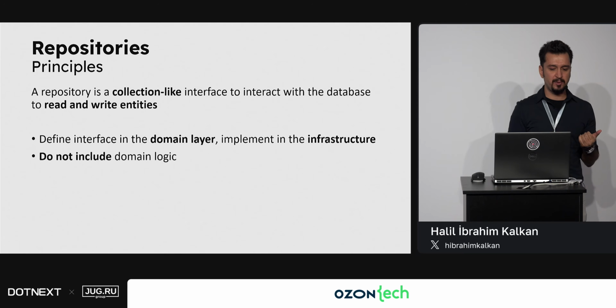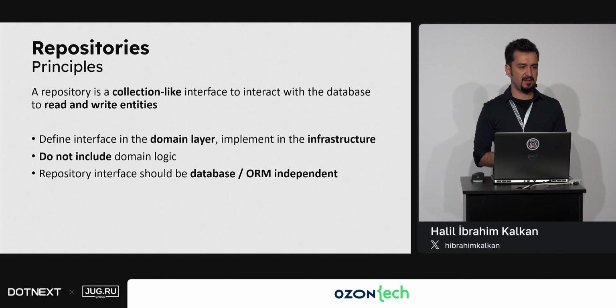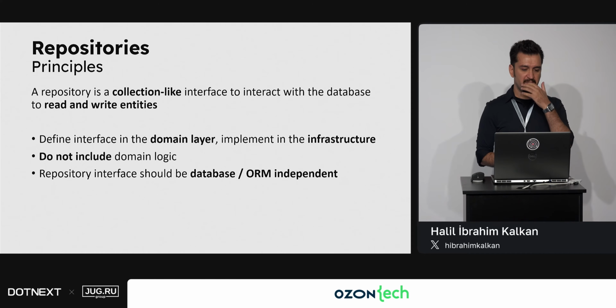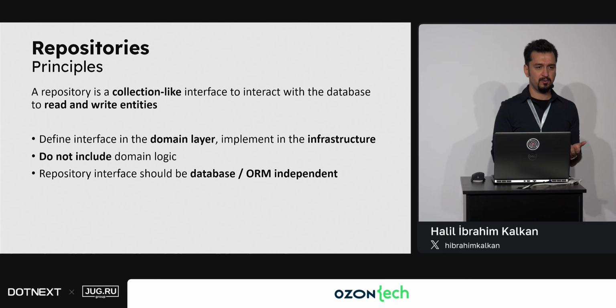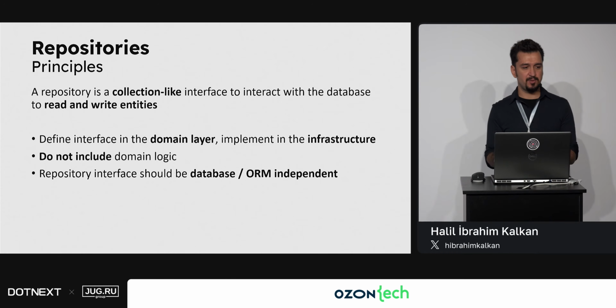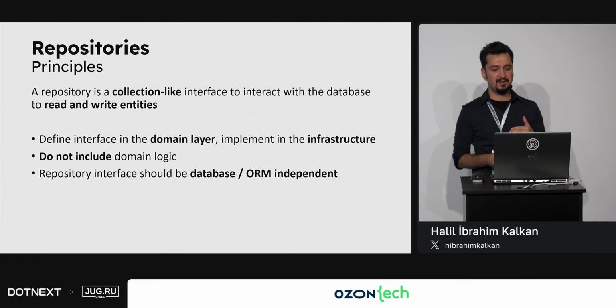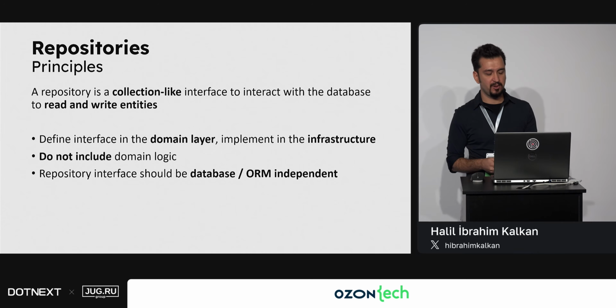It doesn't include domain logic, and the repository interface should be database independent. Of course, it may not be very simple to make it database independent, but we see a lot of code bases that just return DbSet or some Entity Framework related objects, or make some assumptions about the infrastructure. It's best not to depend on a specific ORM, so maybe you can change it later or test it better.